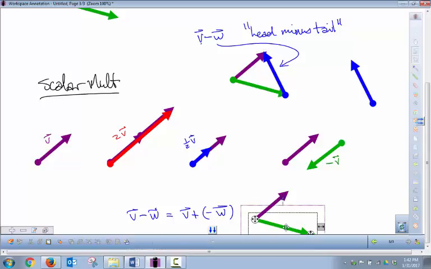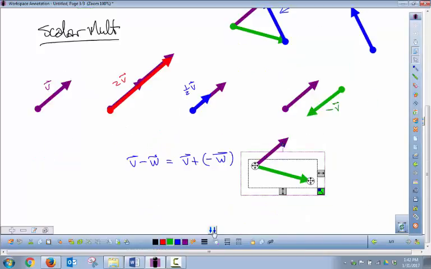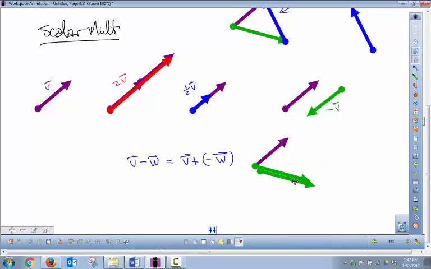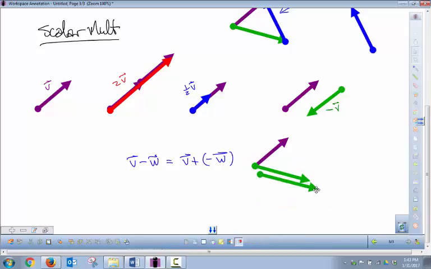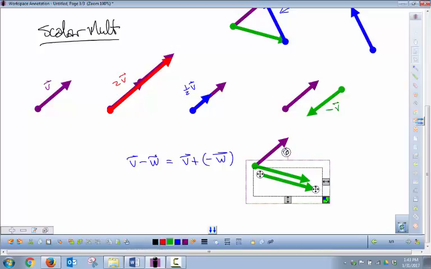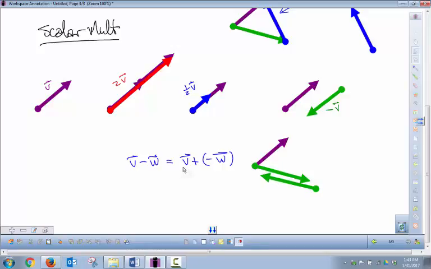So we can imagine this as going from v. V is the purple vector. Then I'll take w and turn that around. How did I turn it around last time? I just rotated it. And so now I'm adding v plus negative w, so I'll take the negative w and put it over here.